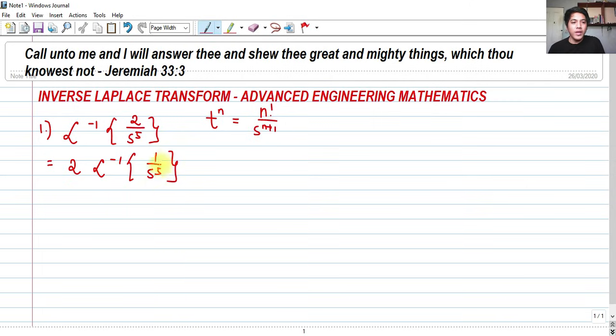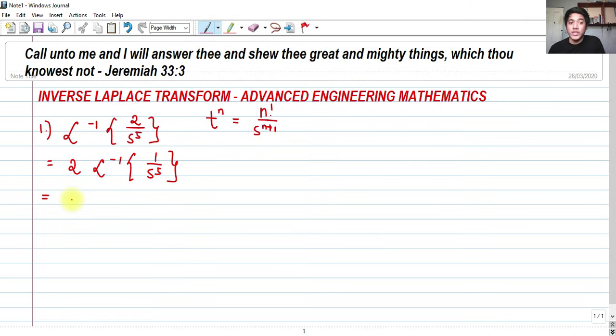Meaning, if we are going to get the inverse Laplace of 1 over s raised to 5, our n here is 4, because 5 is equal to n plus 1, so n is 4. So the numerator should have a 4 factorial.